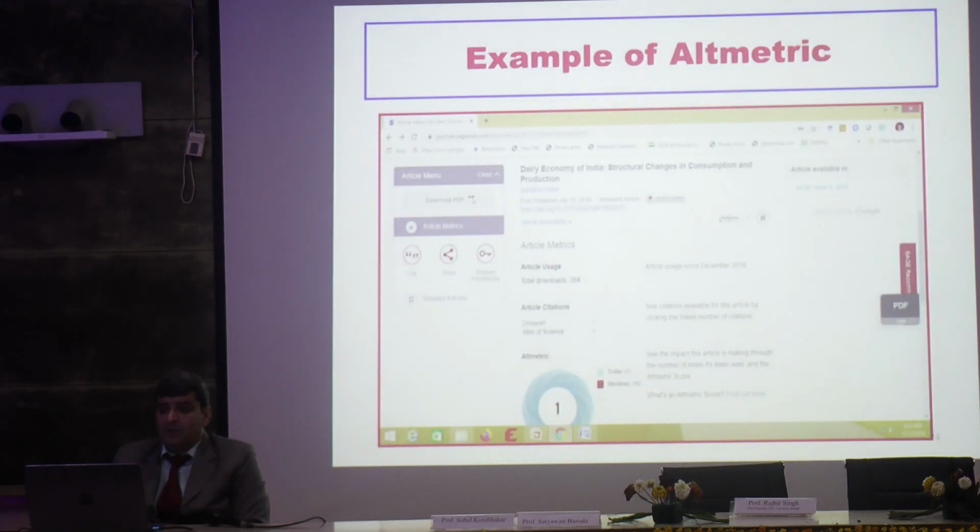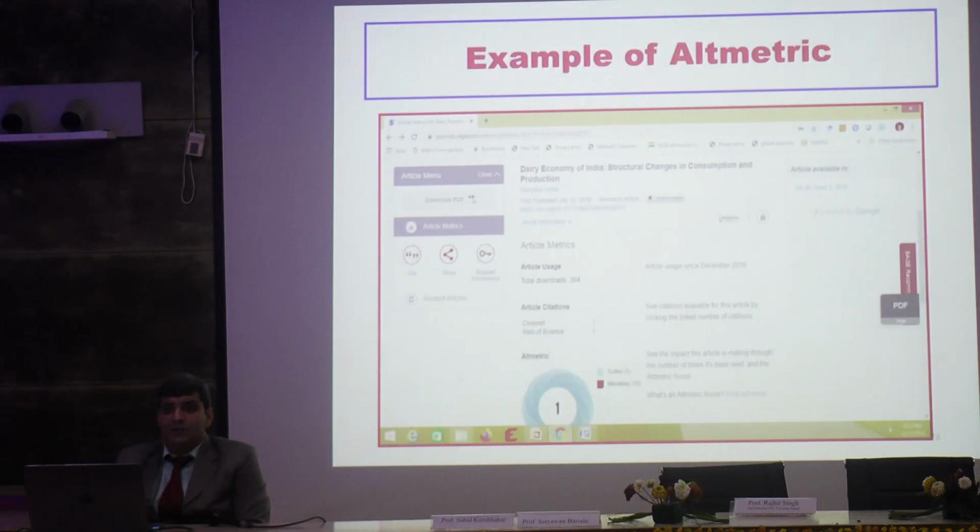Altmetrics. Altmetrics count online usage as well. In libraries or in references and citations there are some particular requirements, but such books and research work are used online as well. If a book is being downloaded, if people are visiting that site again and again, one book is available on one site and another book is available on another link.